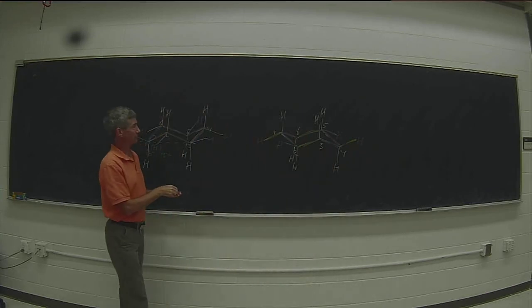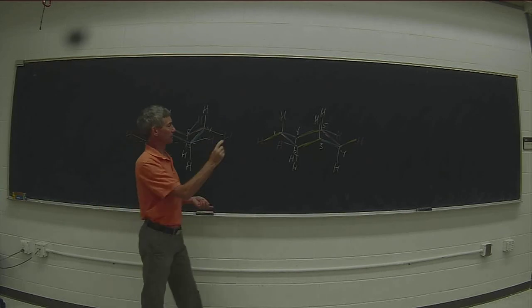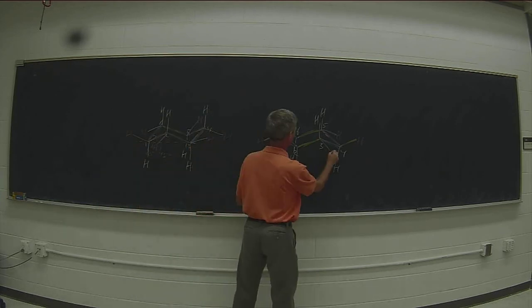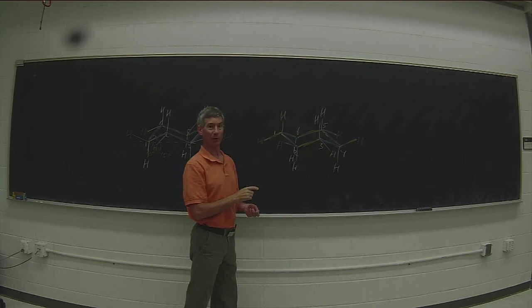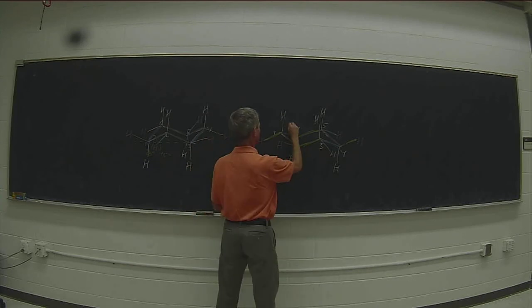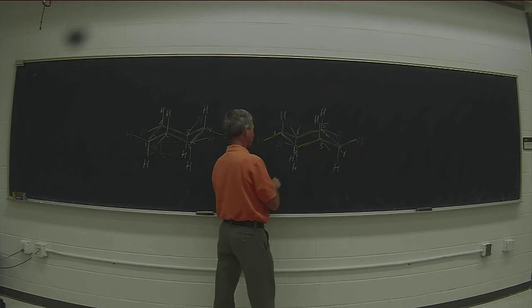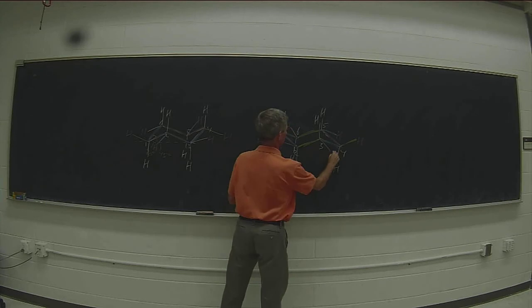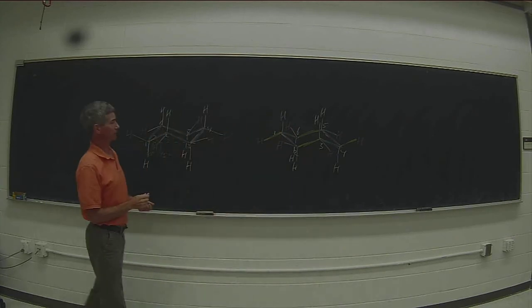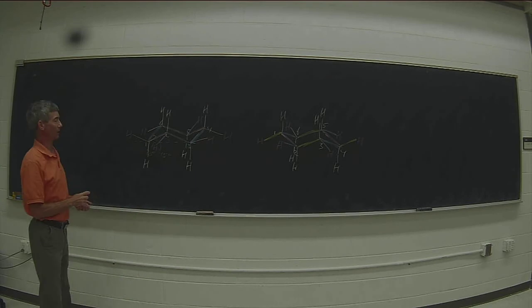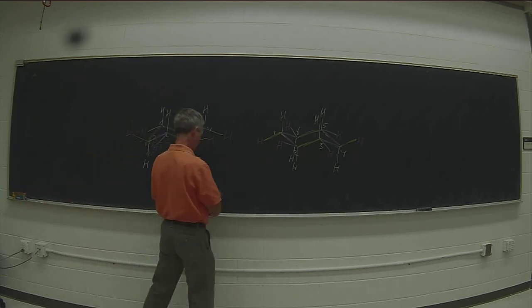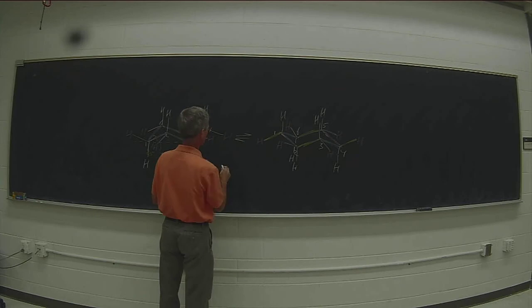And the lines emanating from carbon 3 and carbon 6 will be parallel to the carbon 4,5 bond and the carbon 1,2 bond. So this is conformational isomerism.